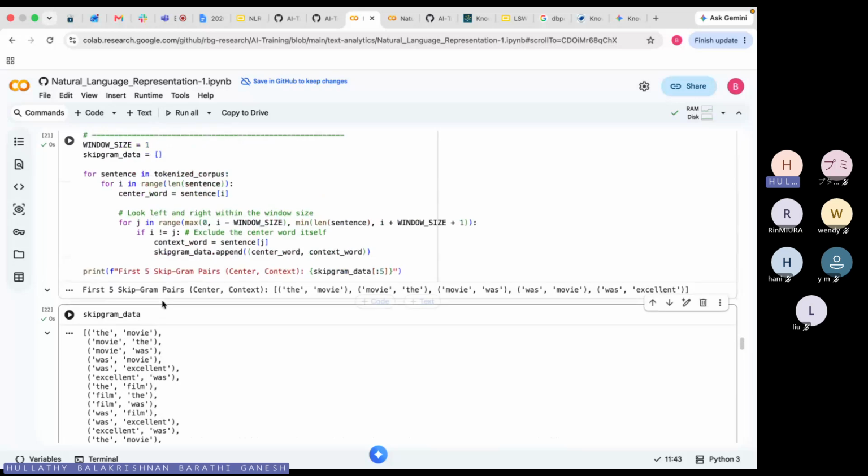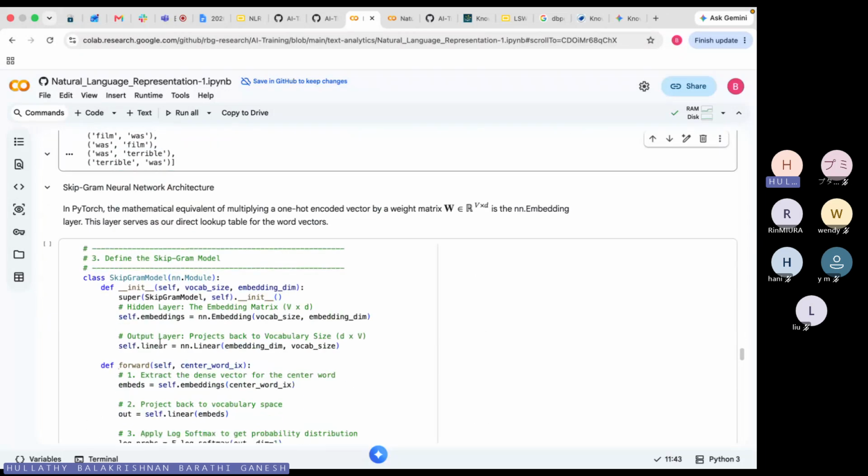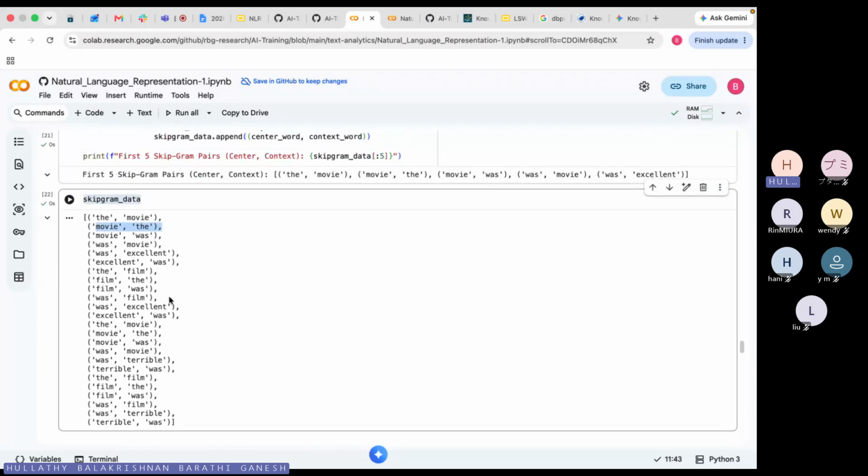The good part is that it's trained in the neural network way, one word at a time. First it learns this, it has a loss, then it goes to the next. Due to this, word2vec became a success, because we can feed as much data as we have, even billions of words, and it will still fit in memory.